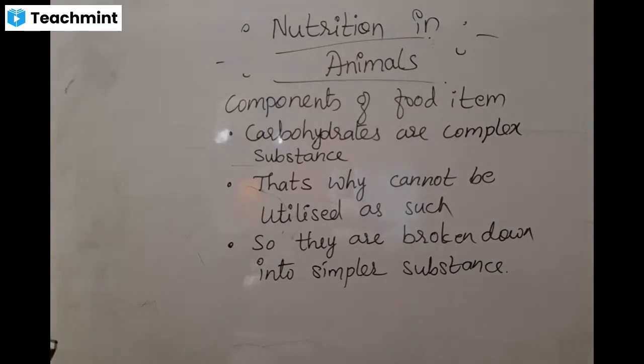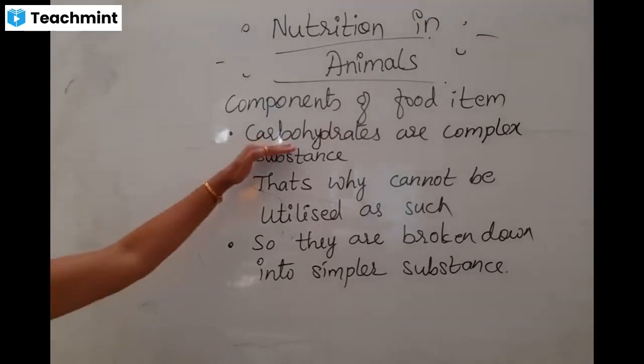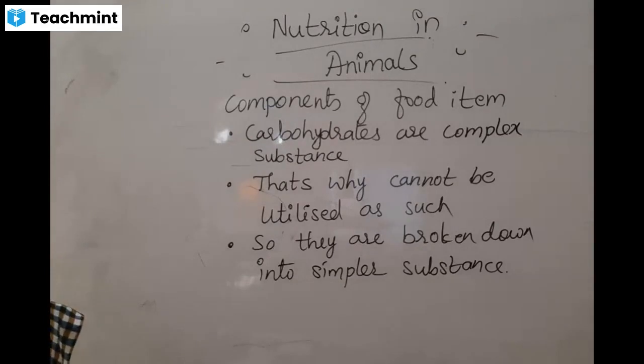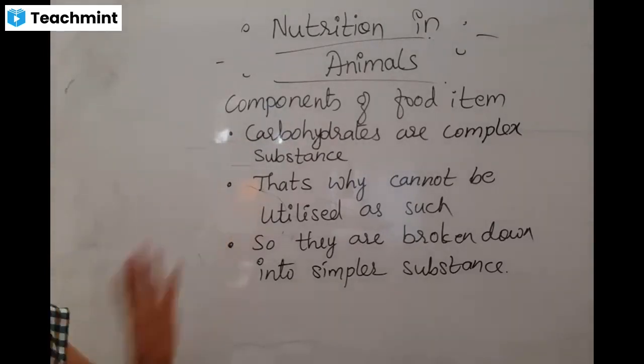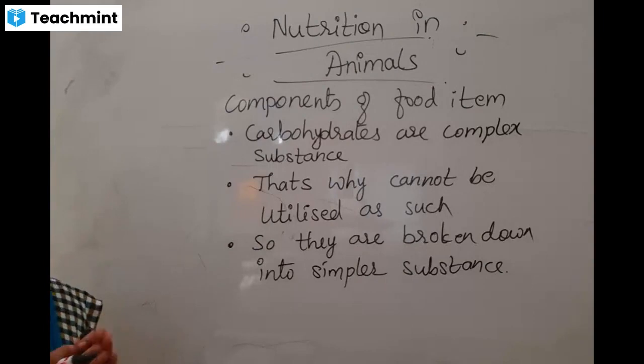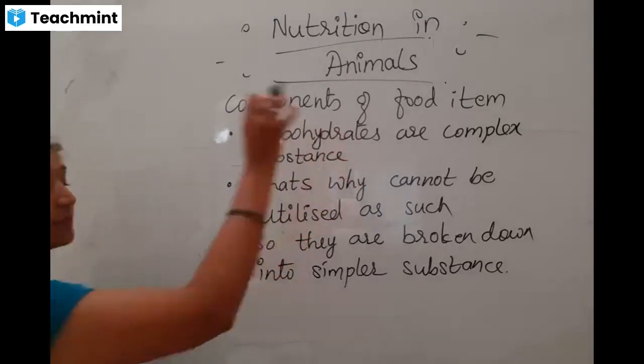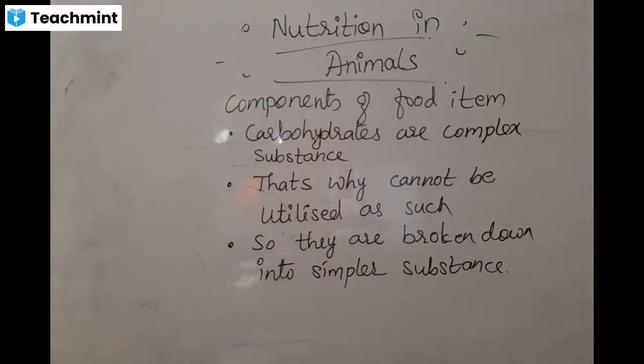Foods that have maximum sugar content and starch are classified as carbohydrates. These carbohydrates cannot be taken as they are because their particles are strongly bonded. It is not possible to get them in a simpler form. That's the reason carbohydrates are complex.